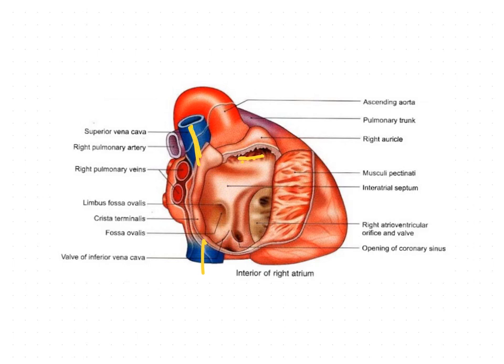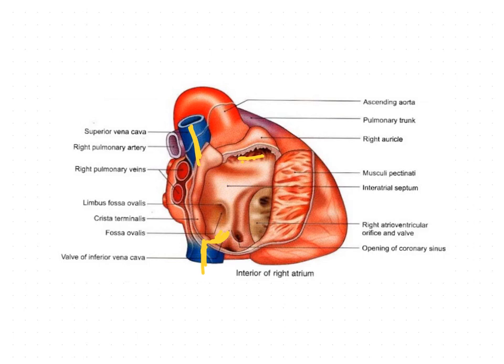The superior vena cava opens at the upper end, and the inferior vena cava opens at the lower end. The opening is guarded by a rudimentary valve called the Eustachian valve. During embryonic life, this valve guides the inferior vena caval blood to the left atrium.